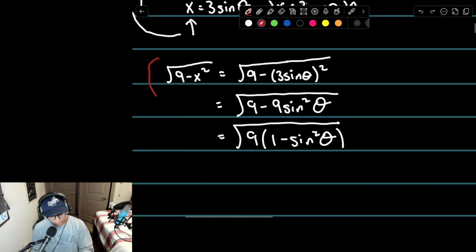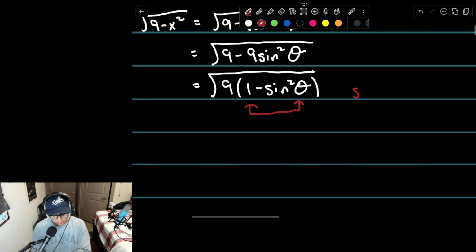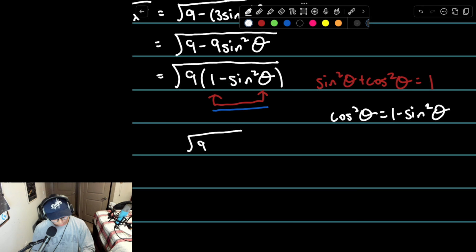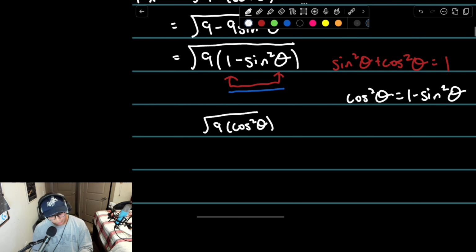Now while substituting the x, you begin to notice this 1 minus sine squared theta looks awfully familiar. That's because of the identity sine squared theta plus cosine squared theta equals 1. To solve for this in specific, just get cosine squared theta to equal 1 minus sine squared theta, which then gives you the square root of 9 times cosine squared theta. Now this becomes a very simple square root, as you just get 3 cosine theta.